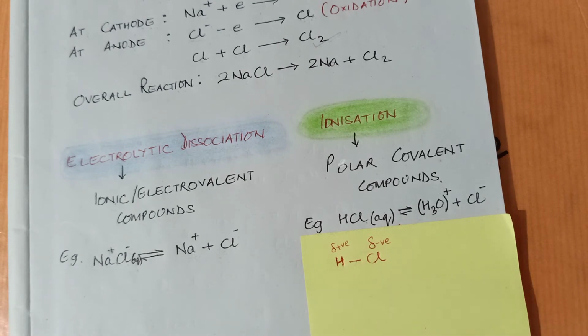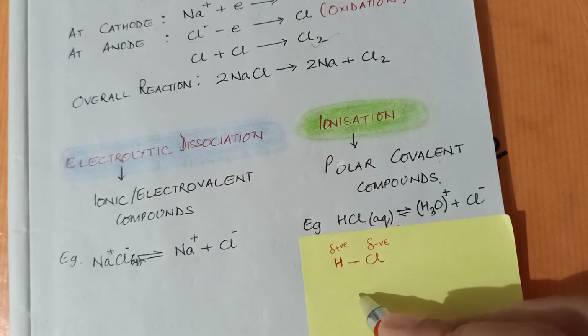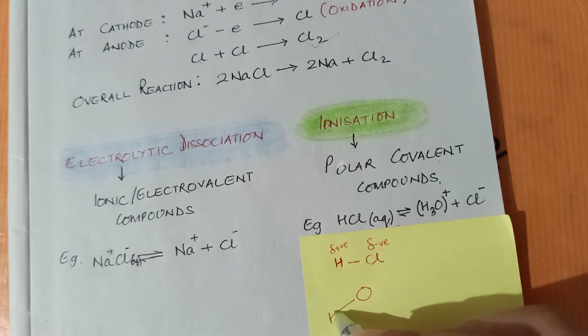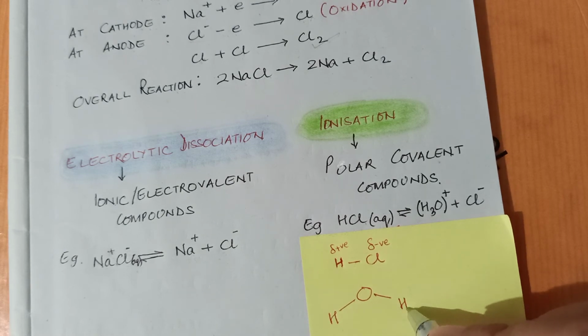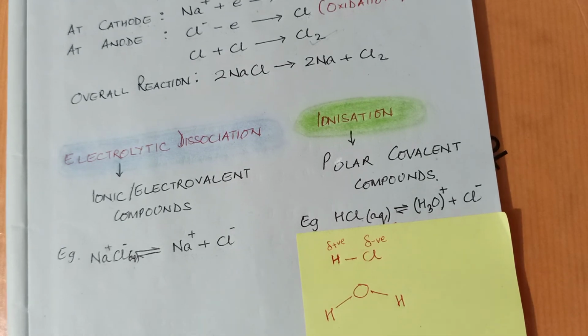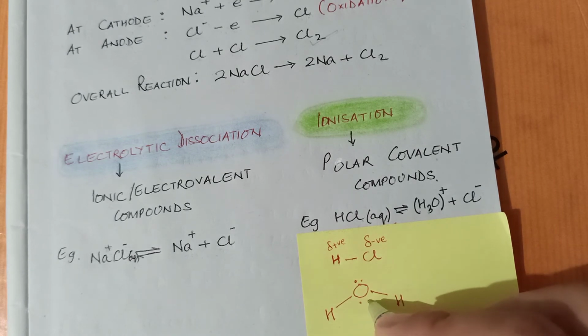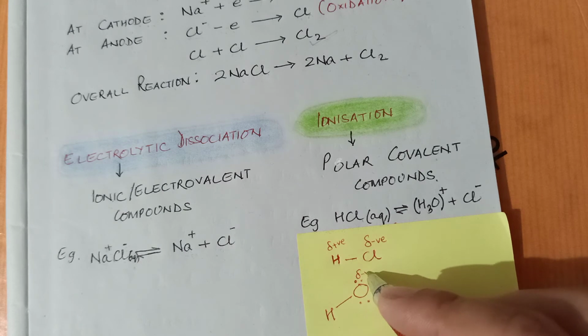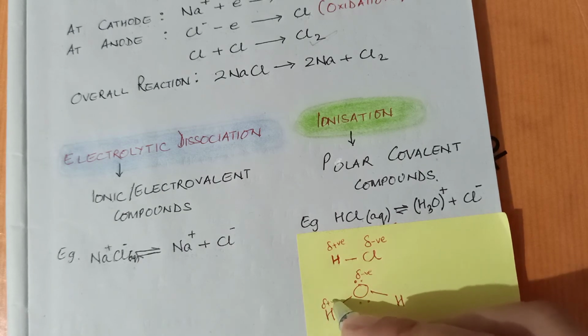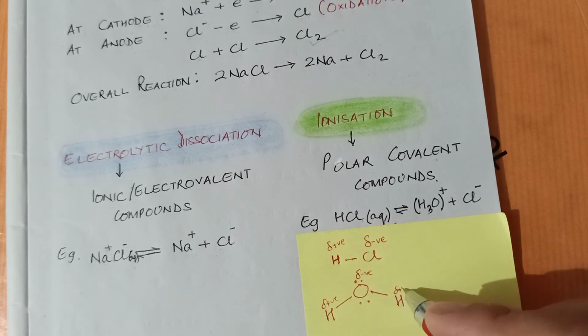Now, these small charges which are developed on the hydrogen and chlorine atoms, when they get mixed with water, H2O, we know that water is also a polar covalent compound. Oxygen has a slight negative charge and the two hydrogens have slight positive charges.